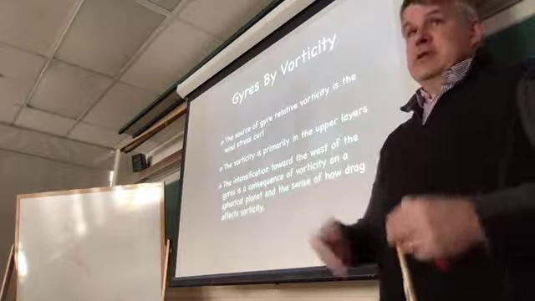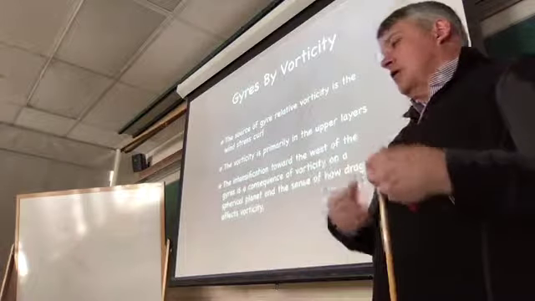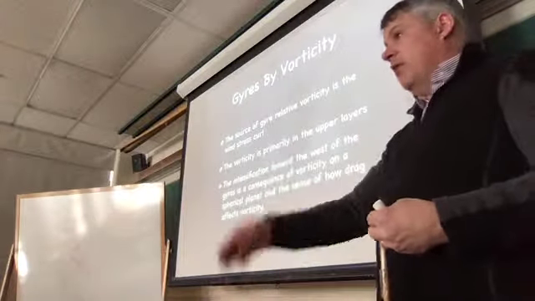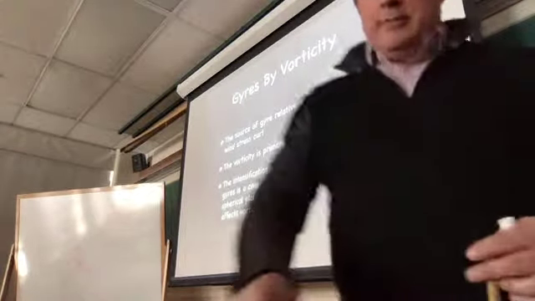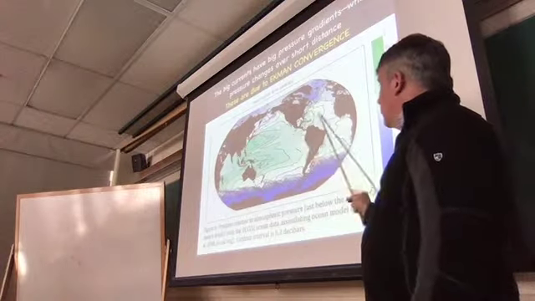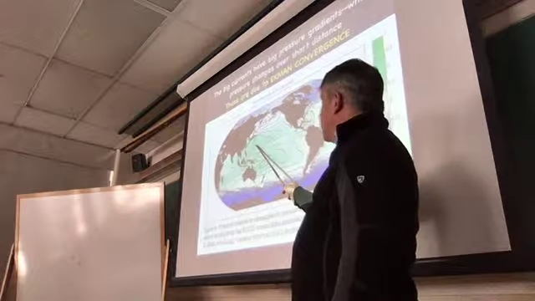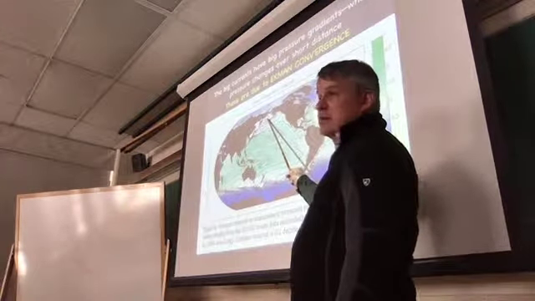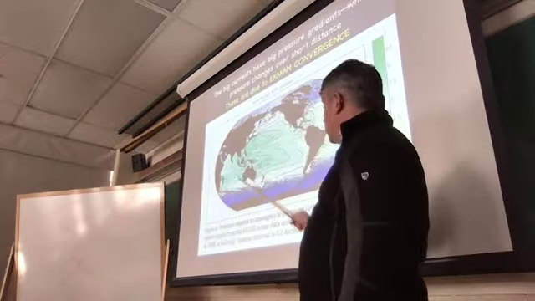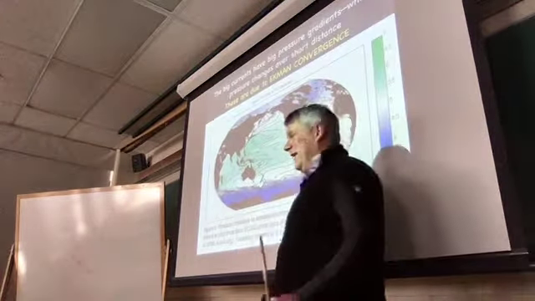A low pressure system would have cyclonic vorticity, so the subpolar gyres are going to be spinning like the pole that they are closer to. Okay? So if we look at the map of pressure, we have these circulations. They're going around. These are the high pressure zones, or the anticyclones. The low pressure zones are the cyclones. This is a big honking cyclone that goes all the way around the planet on that side.